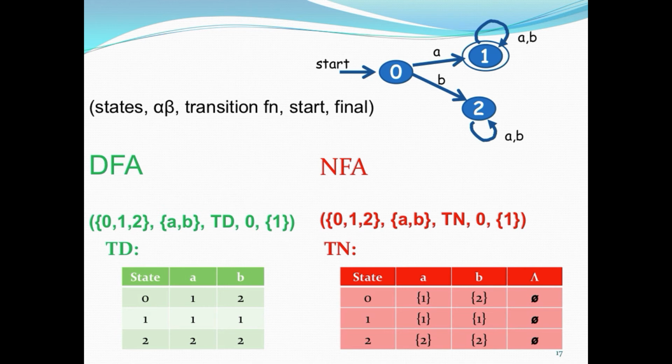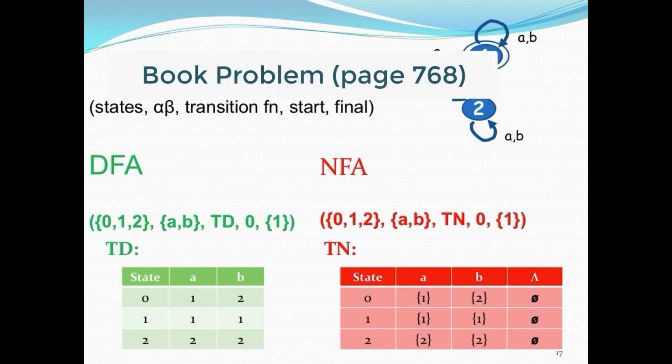On the other hand, if I say, oh, no, I meant this to be an NFA, and I talk about my transition table for the NFA, then I make sure that I add a column for lambda, and every single thing that goes in here is a set. So I just fill in lambda with the empty set because there are no lambda transitions, right? Really, really important that you understand the difference between these two.